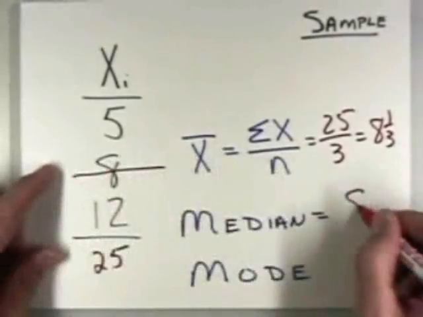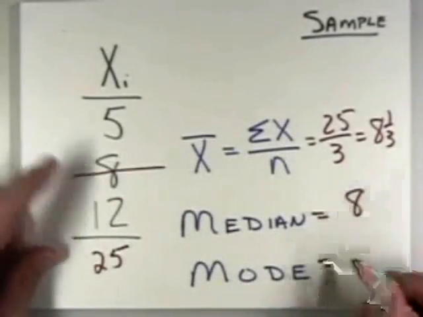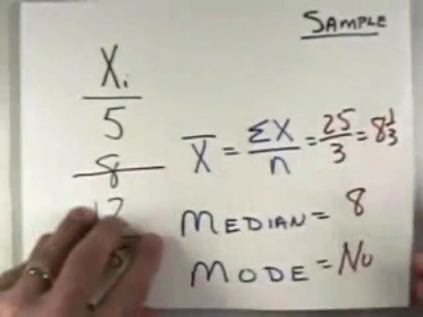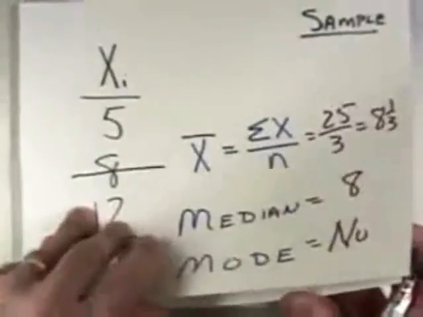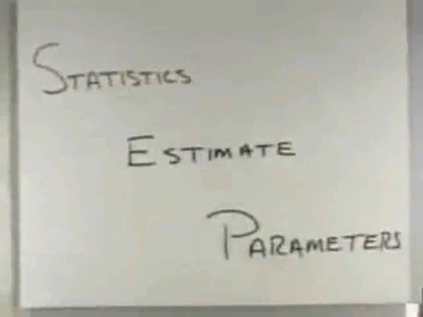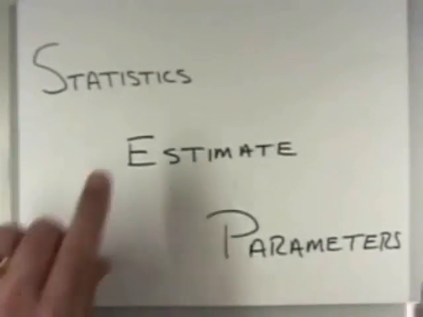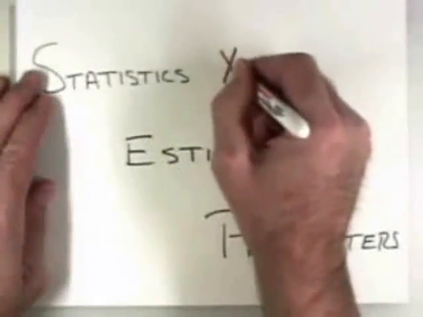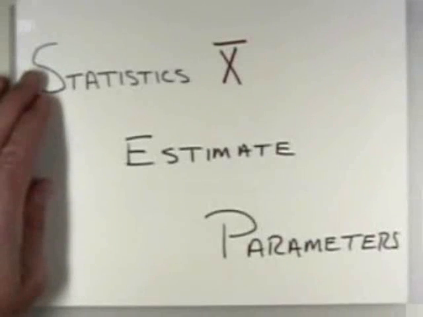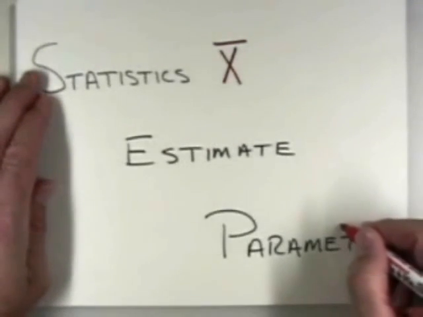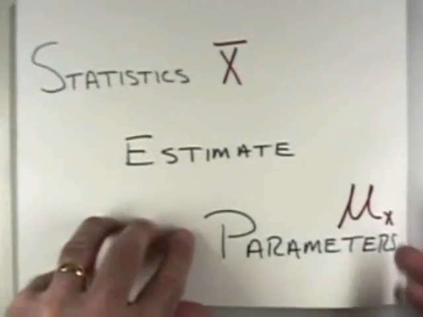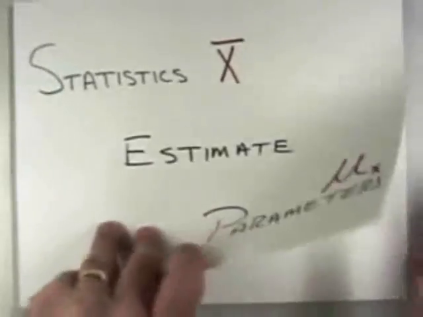The median is equal to 8, the middle value, and again, there is no mode. These are also statistics. And so what you want to recognize is that statistics estimate parameters. In particular, X bar will be a statistic that we see a lot, the sample average or sample mean, and that is an estimate of the true average or true mean.